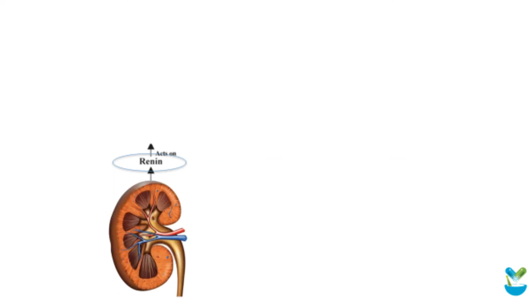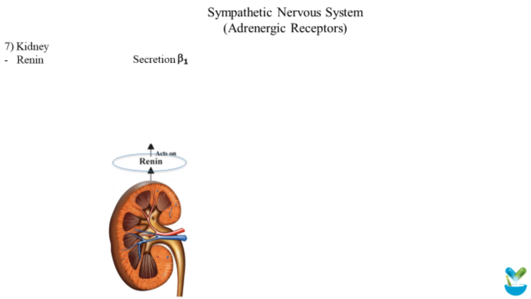Renin is an enzyme which is released from juxtaglomerular cells of the kidney in response to low blood pressure. Release of renin is only under the control of the sympathetic nervous system. There is no control of the parasympathetic nervous system over renin release.